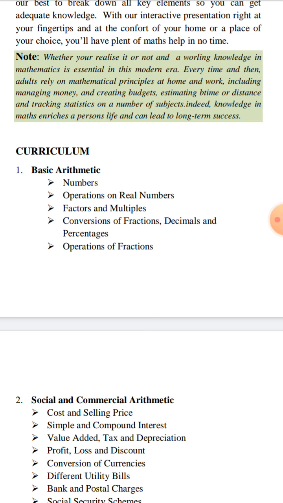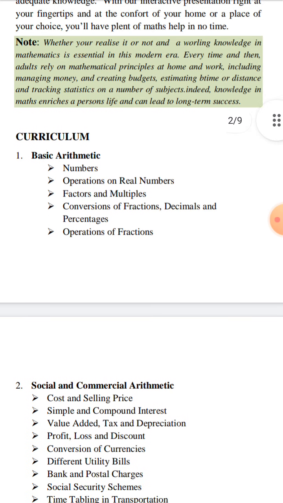Then we also look at factors and multiples, conversions of fractions, decimals, and percentages, and operations on fractions. If you understand operations on real numbers, it will not be hard to understand operations on fractions, because the calculation is similar. The only difference is that the first is on real numbers, the second is on fractions.